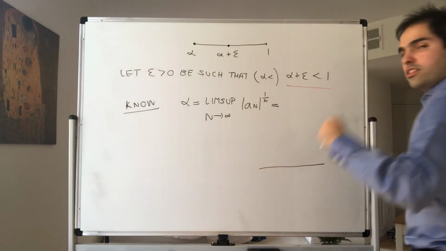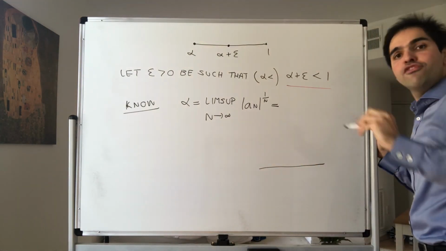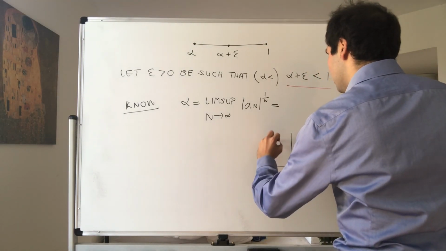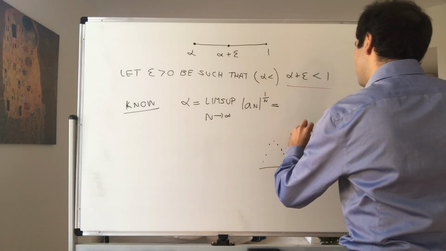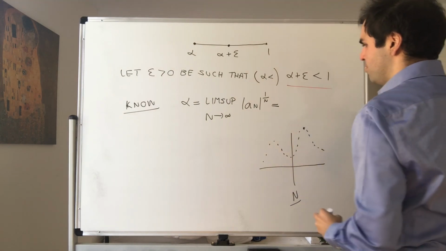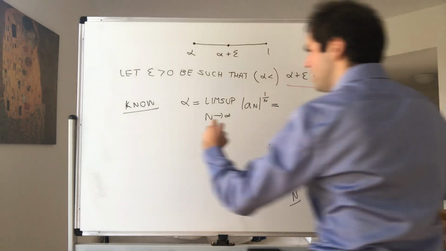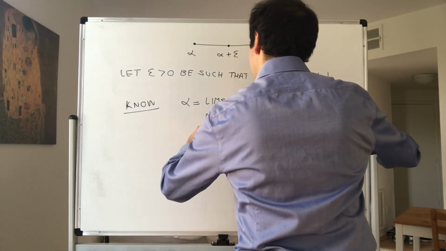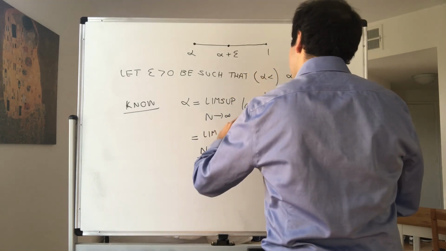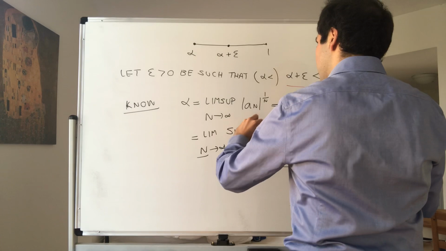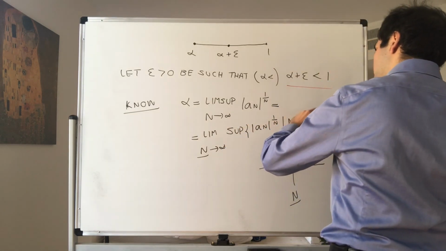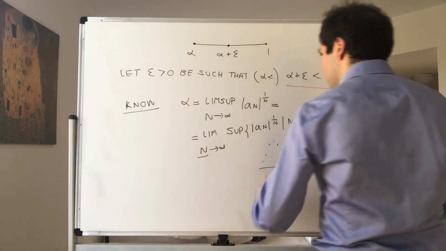It is the sup, but after a very large threshold. So if you have capital N, then the lim sup is just the sup of your sequence after that region. In other words, it is the limit as your threshold goes to infinity of the suprema of the sequence after your threshold.